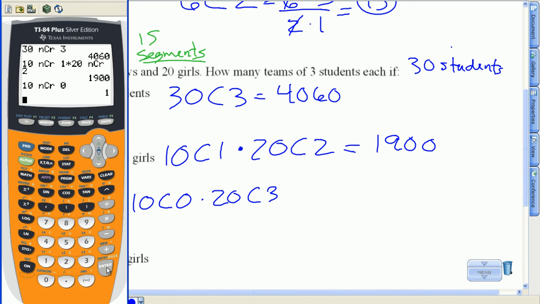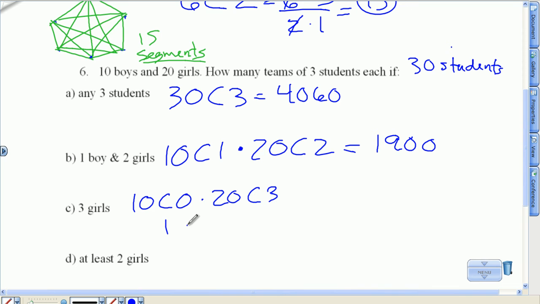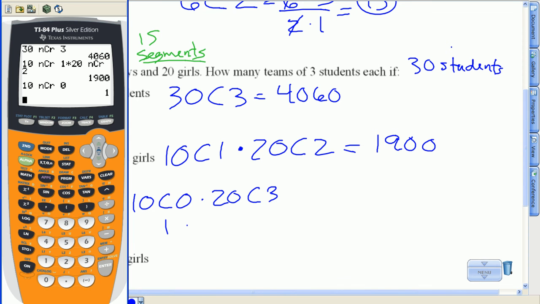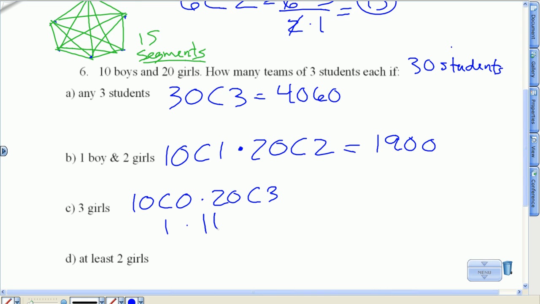You just don't do it. That's the one way. It's weird, huh? But anything choose 0 is just going to be 1. 20, math, choose 3. Oh, gosh, look at me. 20 choose 3 is 1,140. So the answer to this is 1,140.